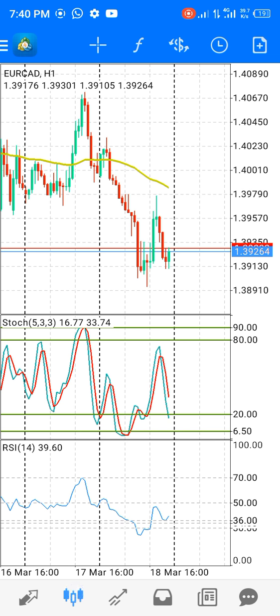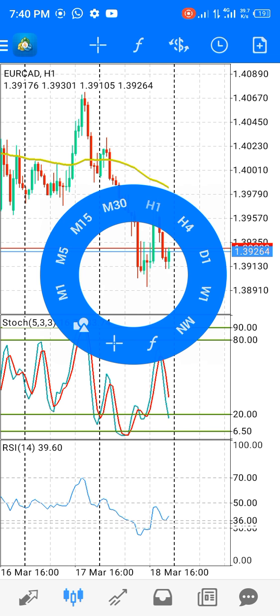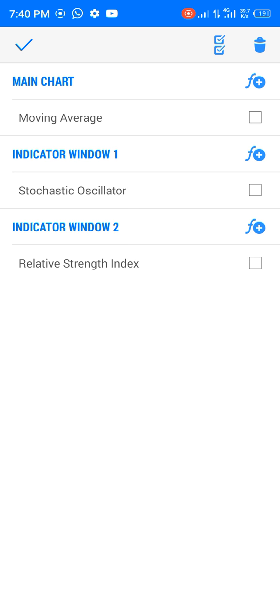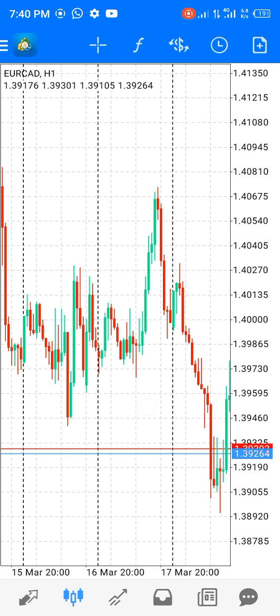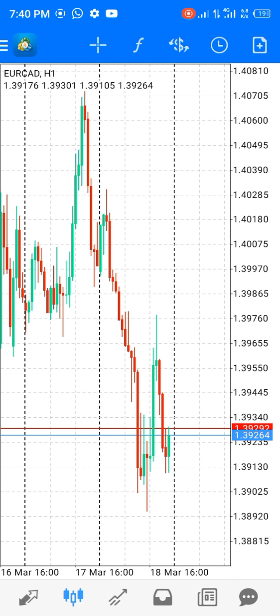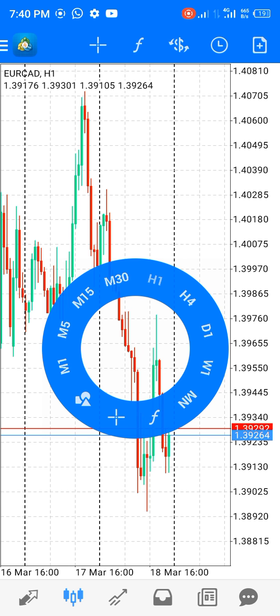Okay. First of all, let me remove everything in my chart. This is the Euro USD chart. We're going to be using just moving averages. Just moving averages. They are very, very powerful and wonderful to use.